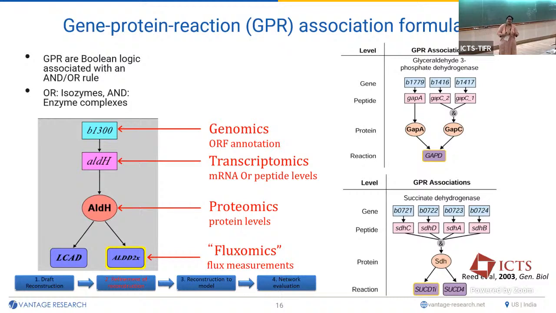In that case, which is an isozyme, you will feed the information at the level of OR. Okay? So this is your simple logic of using AND/OR relationships, and because we are integrating a lot of this information, you can at the end integrate a lot of these omics data types onto these models. Okay, just showing you the application side of the model as well.